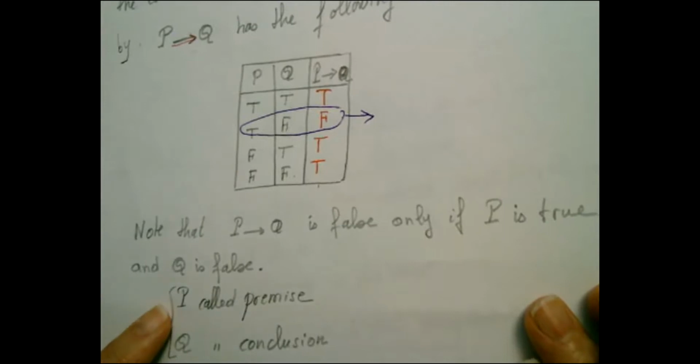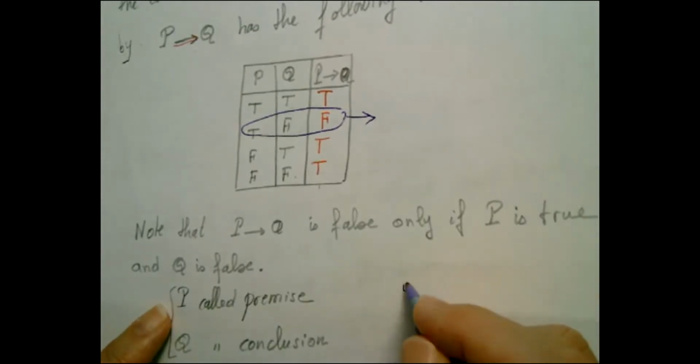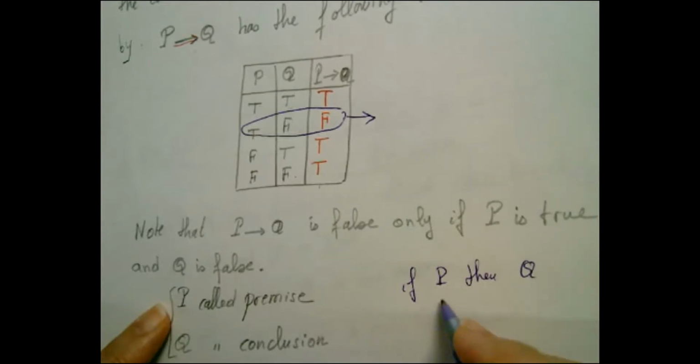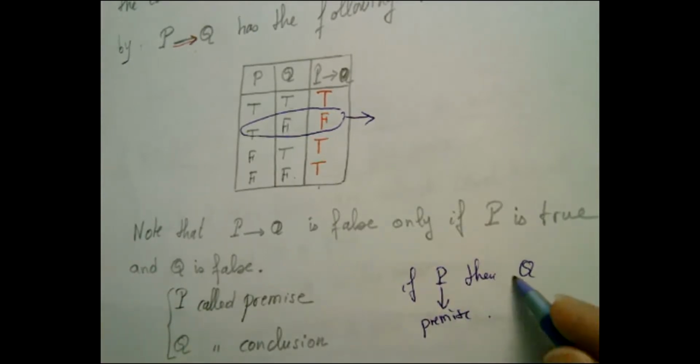Now, in the statement if P then Q, P is called the premise, or sometimes the hypothesis, and Q is called the conclusion.